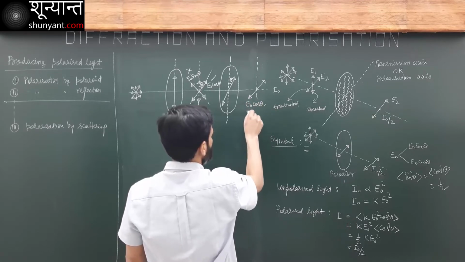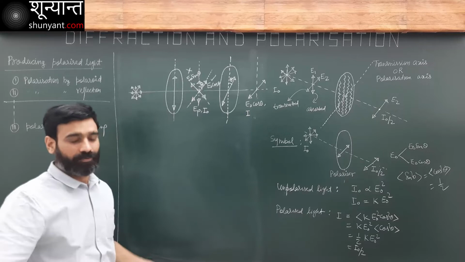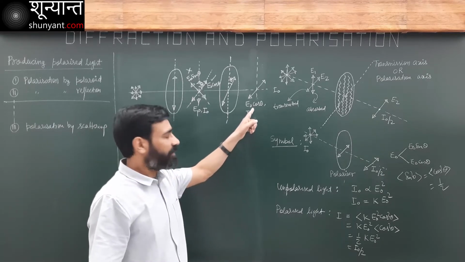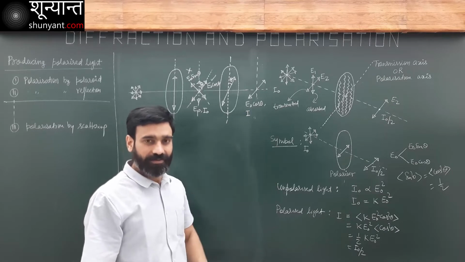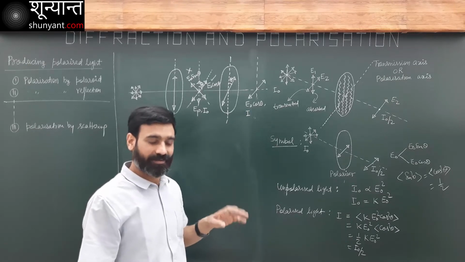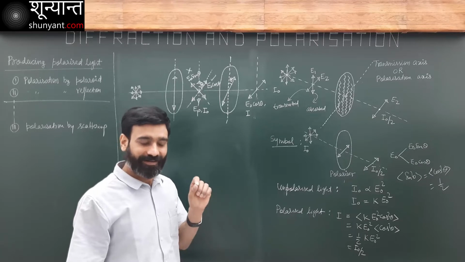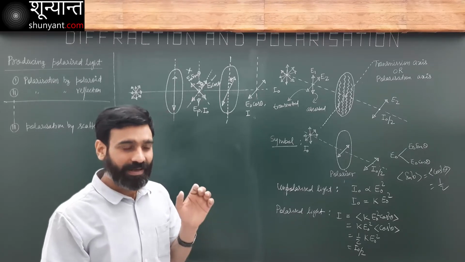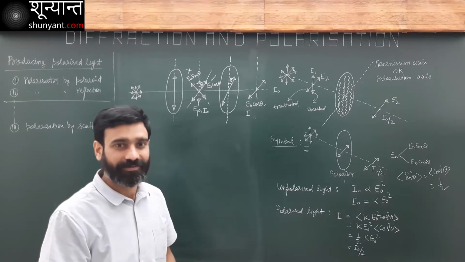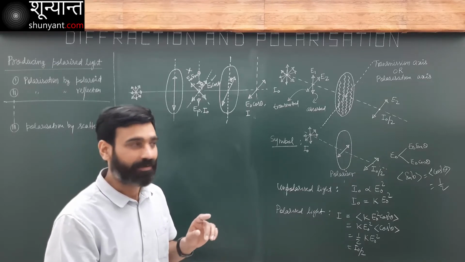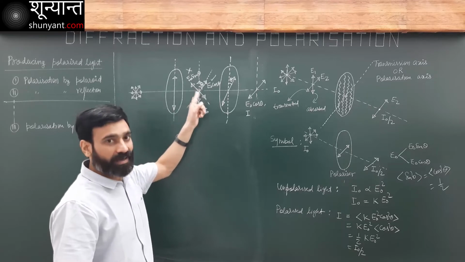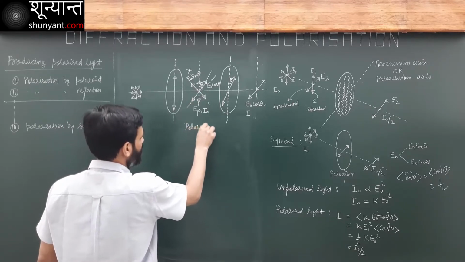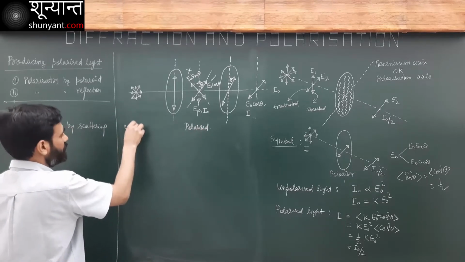Let's say that the intensity is I. First thing you have to understand is what has happened. Amplitude has decreased, that's fine. Intensity has decreased, that's also fine. One other very interesting thing has happened: the plane of polarization has rotated. This is polarized light, and this is unpolarized.